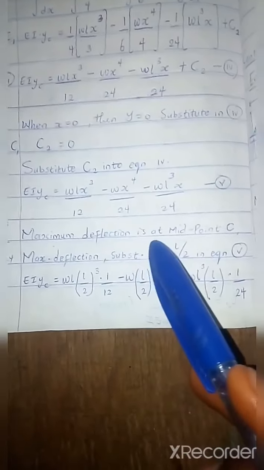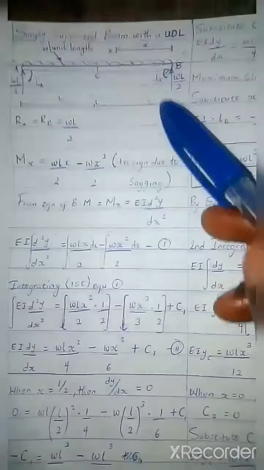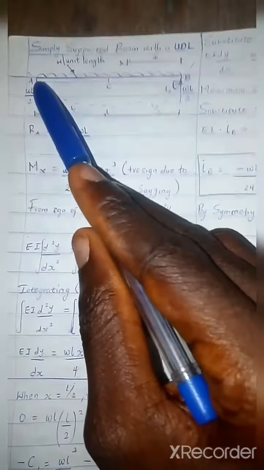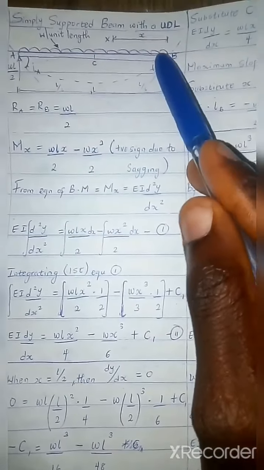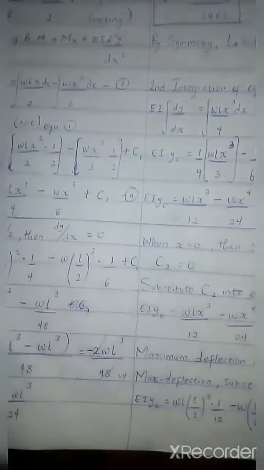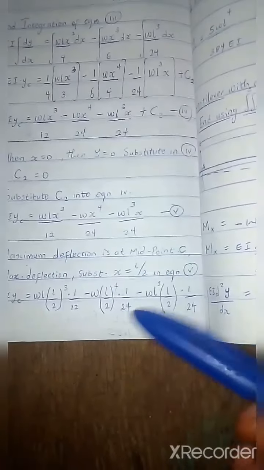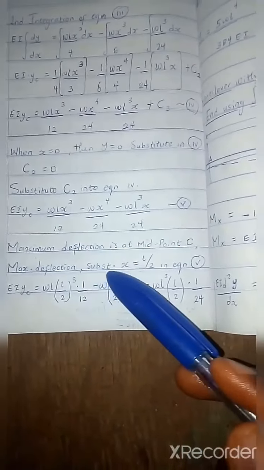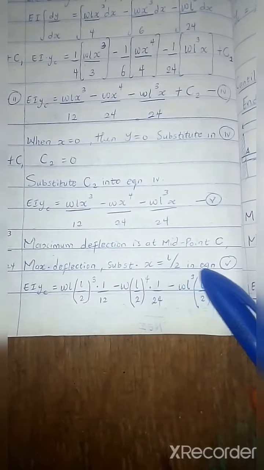So maximum deflection is at the midpoint. Maximum deflection of a simply supported beam is always at the midpoint. So here, for maximum deflection, substitute x equals L over 2 in equation 5.